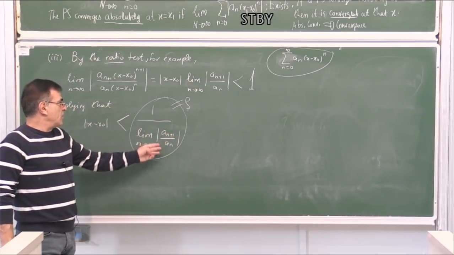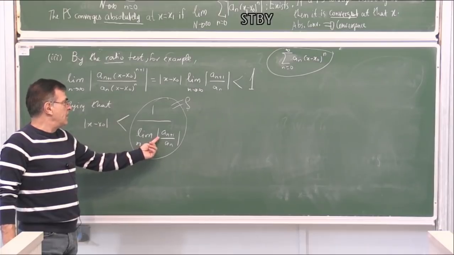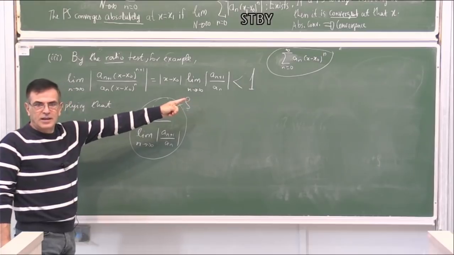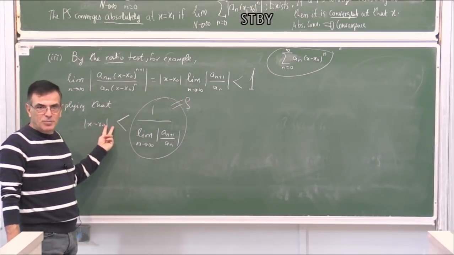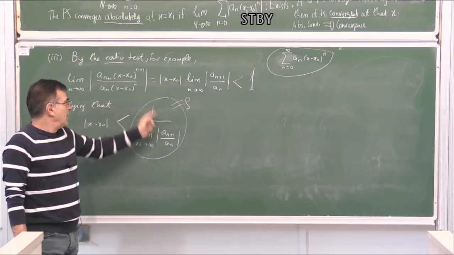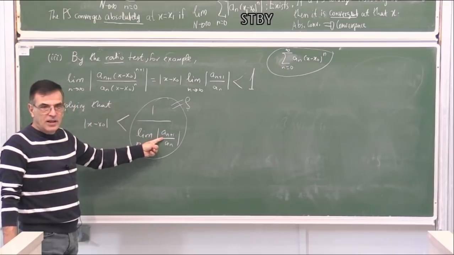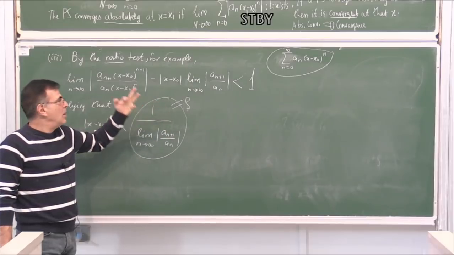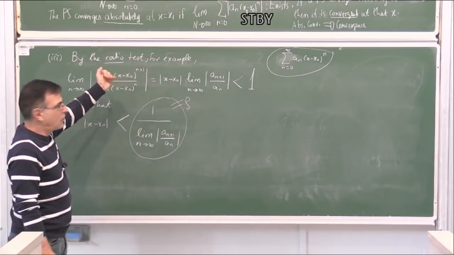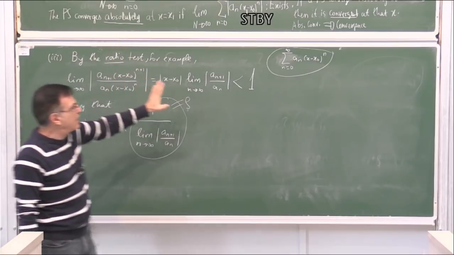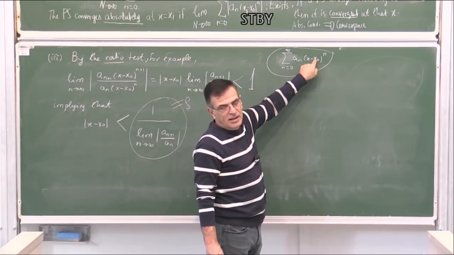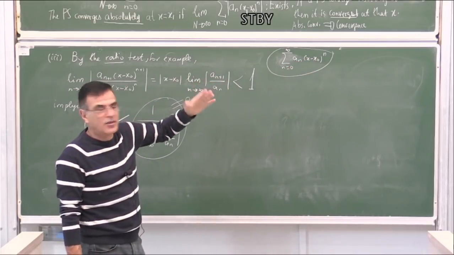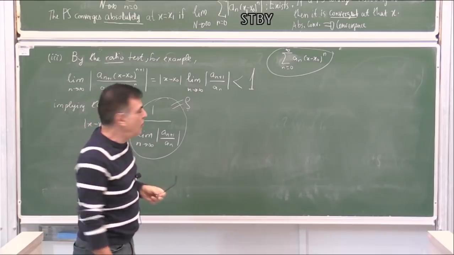So there may be several cases. For example, if this limit is 0, then rho becomes infinity, so the power series makes sense for all x. If this limit is infinity, then rho is 0, so there is no positive radius of convergence. So the series makes sense only at its origin, that is, only at its center, in the case of 0 radius.